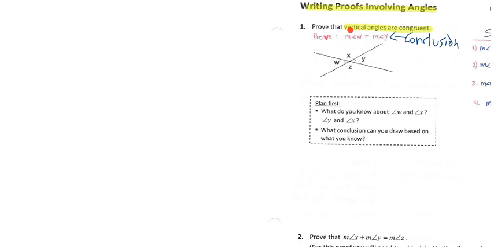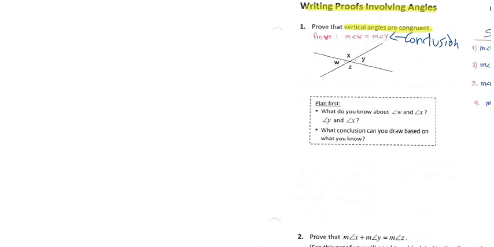So pretend that we do not know that, and we're going to show that vertical angles are congruent. We can use any other theorems, definitions, or properties, but not the fact that vertical angles are congruent. Whatever you are proving cannot be used in the proof.